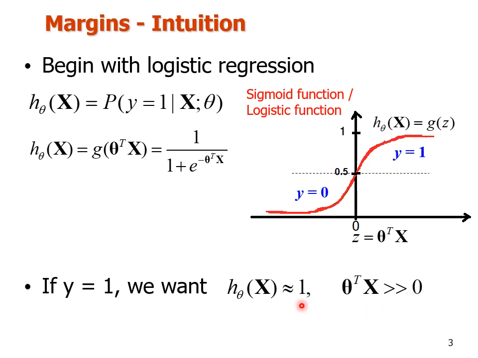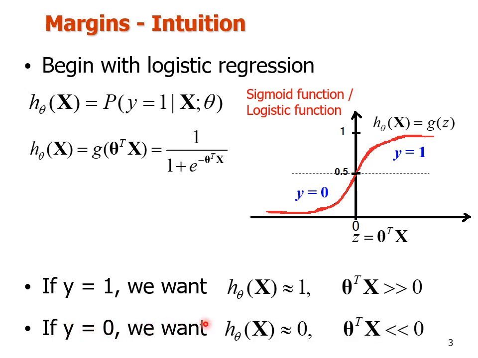On the contrary, if we are labeling the sample as y equal to 0, this means that our h theta x is near to 0 or our theta transpose x is very much smaller than 0.